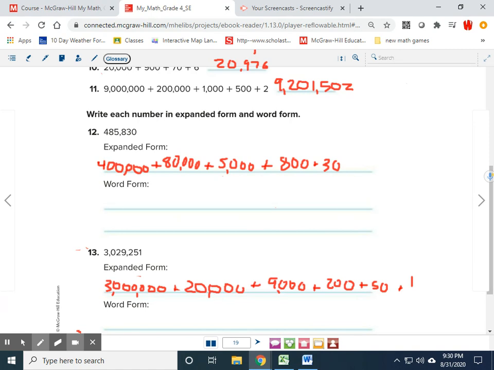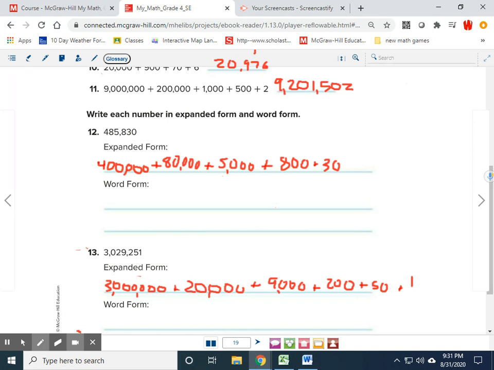And on the bottom one, we have 3 million plus 20,000 plus 9,000 plus 200 plus 50 plus 1. And if we were to write that in word form, it would be 3 million, comma, 29,000, comma, 251.